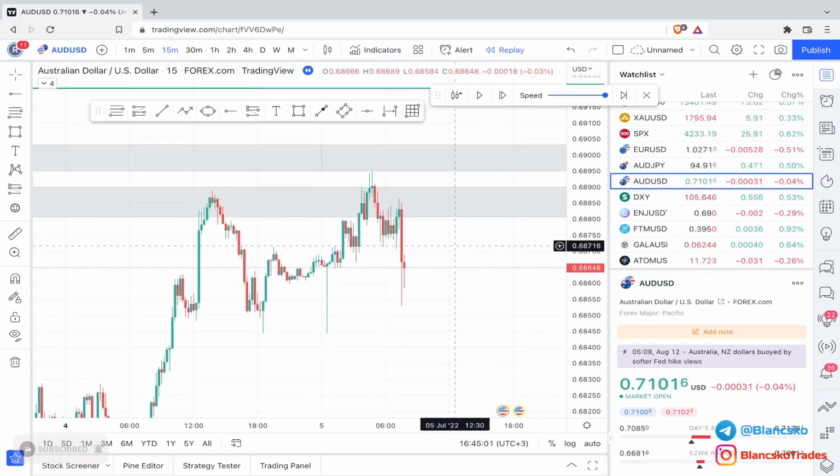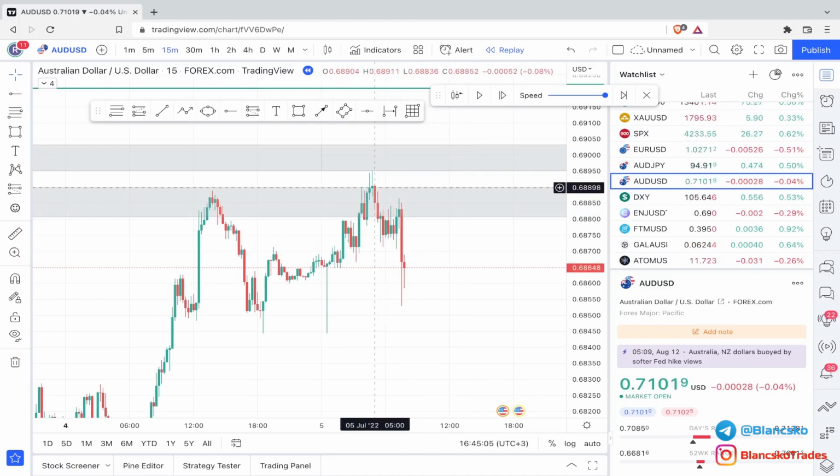That could have been a confirmation as well. You can either wait for a rejection, a candlestick pattern of the zone, or for a break of structure and then retracement. The break of structure happened here, retracement happened here, but then this bearish engulfing is just too huge. But to be honest, this doji right here would be the best signal for you to enter the sell.